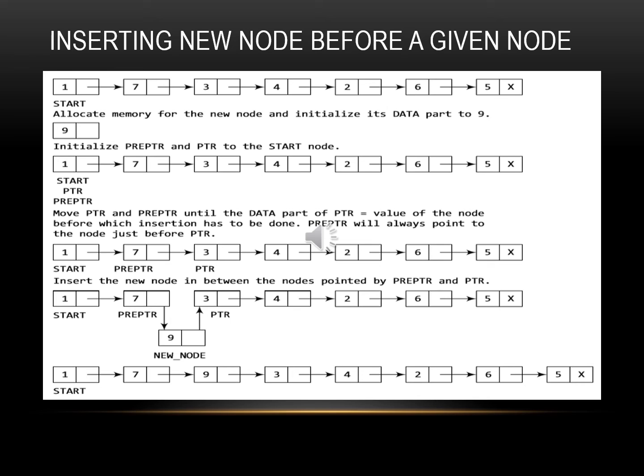That means the node before which we want to insert the new node. So once that is done, pre-pointer is present one node before the pointer. That means in 7. So pre-pointer next part will now contain the address of new node, and the next part of the new node will contain the address of the pointer.